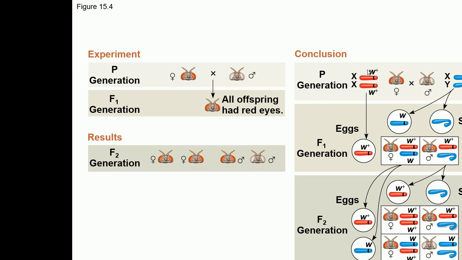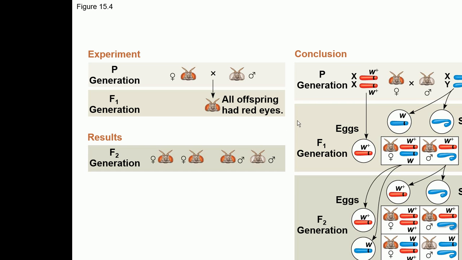This is a male fly, and the sperms formed by the male will be of two kinds. One will have a Y chromosome, and another will have an X chromosome, and on the X chromosome there is a mutant allele. When these eggs fuse with the sperms, these are the individuals possible. So when this goes with this, this is X chromosome, this is X chromosome.